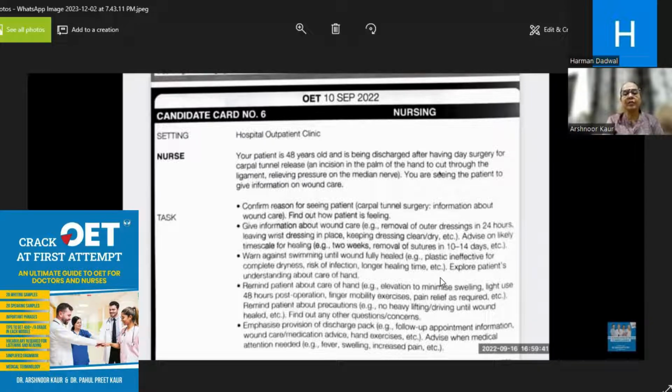Because he underwent surgery, she's expecting him to be in a bit of pain, or it might be that he's feeling okay. He underwent carpal tunnel surgery, which means an incision on the palm to release the tightness he was feeling earlier.